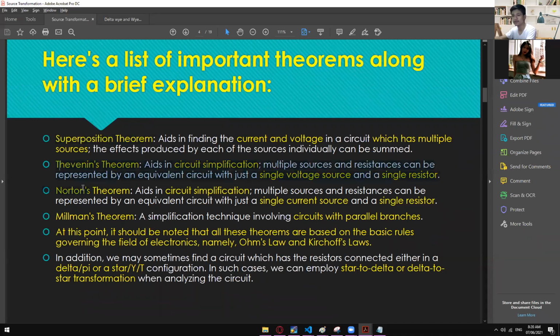And then Thevenin's theorem and Norton's theorem are also good if you want to get a simplified version of that circuit. Like for example, in Thevenin's, of course, you will have a single voltage source and then a single resistor. And for Norton's, this one is now a single current source, and of course a single resistor also.